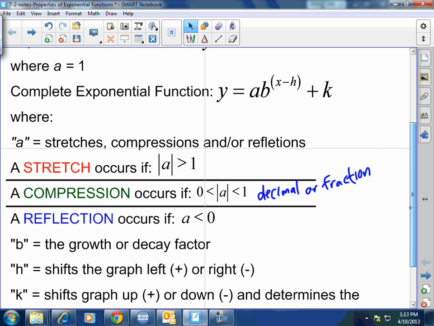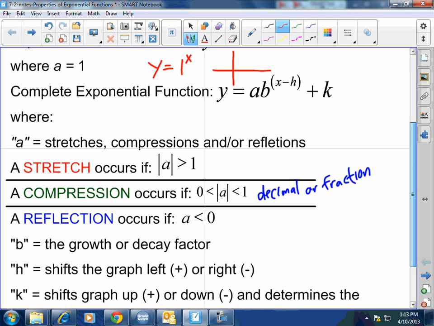Reflection. If a is less than 0, if it's negative, then you're going to have a reflection over the x-axis. So, in other words, if I have y equals 1 to the x power, it's going to be something like that, roughly.